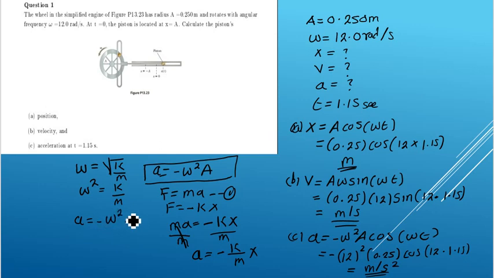But remember that this x, according to the question, is equivalent to A, so the acceleration can also be found using this formula. Where there is x, I can replace it with this, then everything is going to be in meters per second squared. So the rest is just a matter of replacement. Otherwise, this is just how you go about this question. Thank you so much.